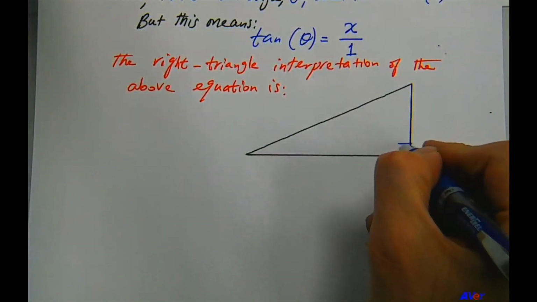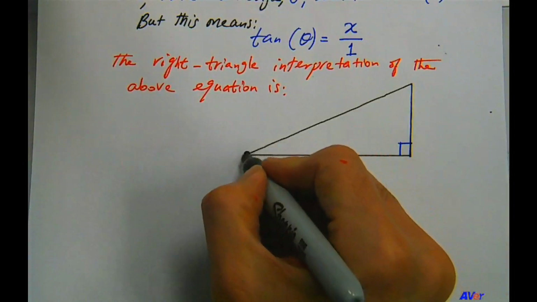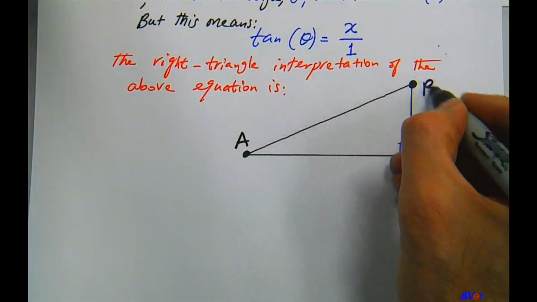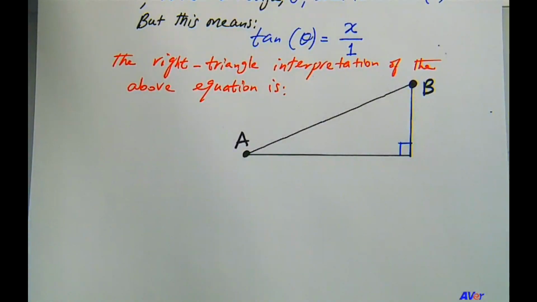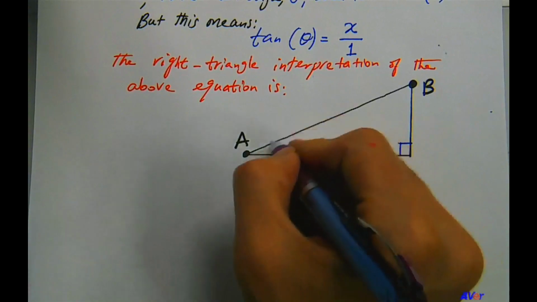So we know that that is a right triangle. And let's take this as theta.